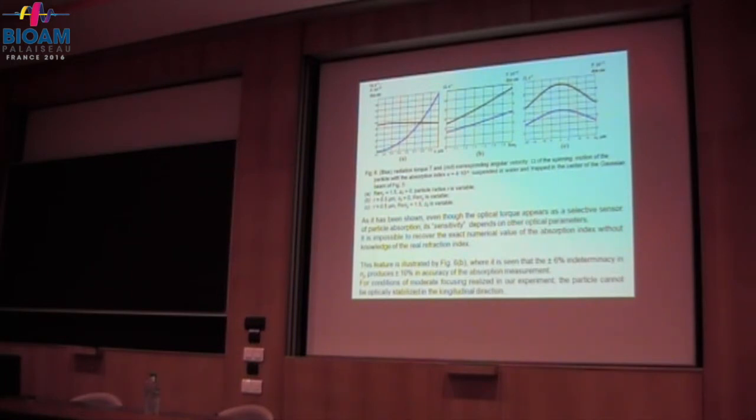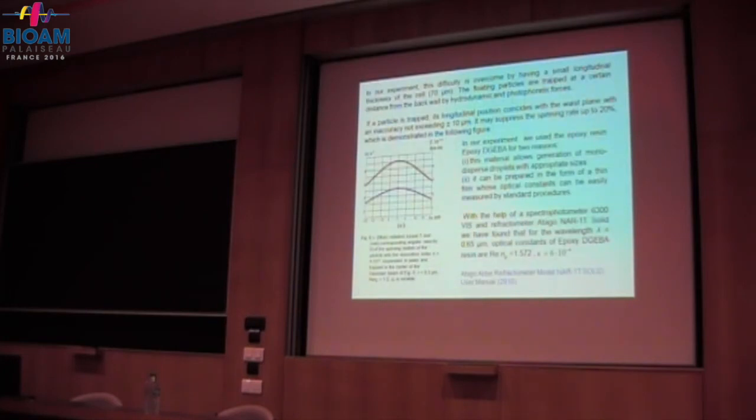For the condition of moderate focusing realized in our experiments, the particles cannot be optically stabilized in the longitudinal direction. In the experiments, this difficulty is overcome by having a small longitudinal thickness of the cell, about 70 microns.